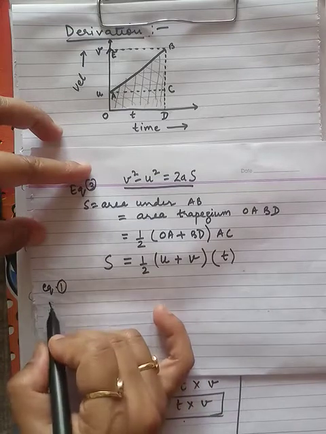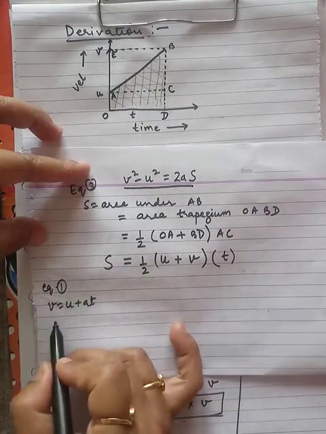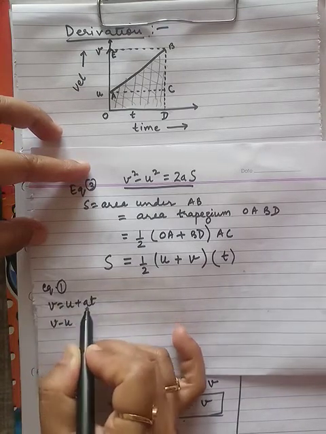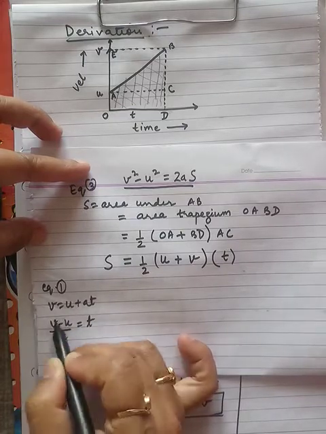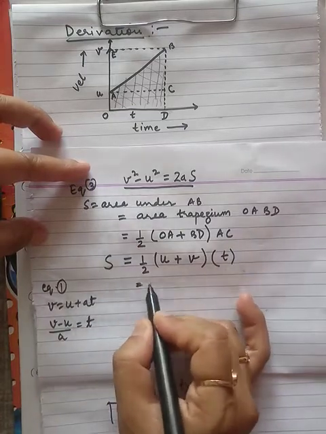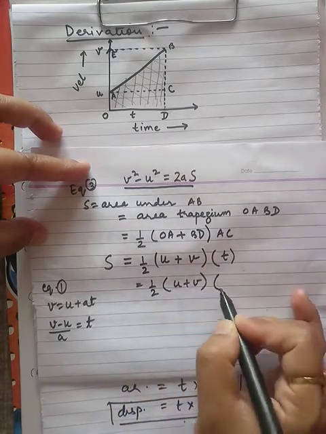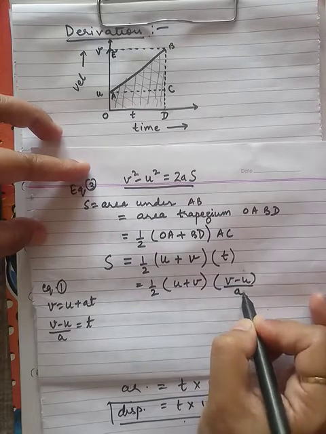Equation 1 says v is equal to u plus at. And what is t from this equation? It will be v minus u divided by a. So replace this with t. It will be half u plus v multiplied by v minus u divided by a.